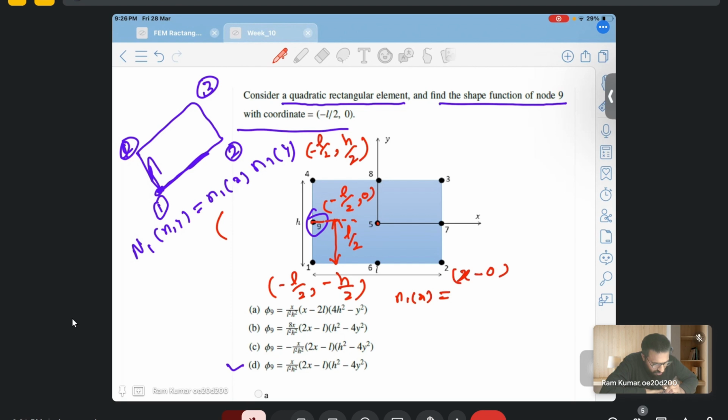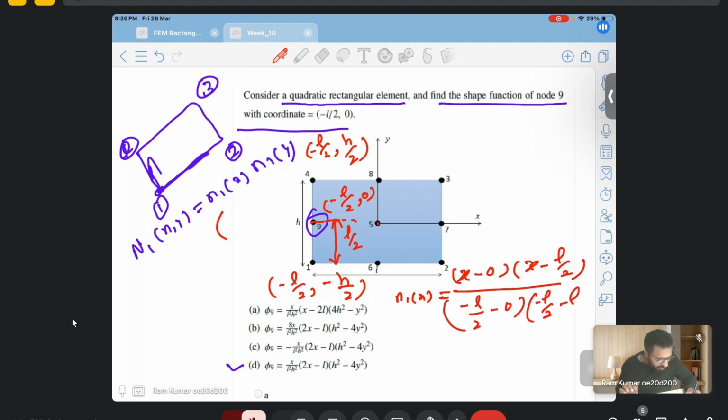Then this node 7 will come, so x minus L by 2, and this will be minus L by 2 minus 0, and minus L by 2 minus L by 2.